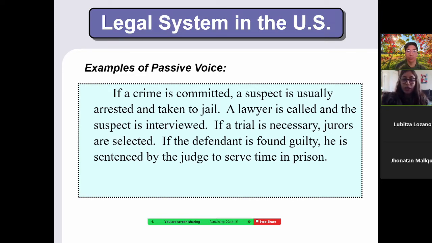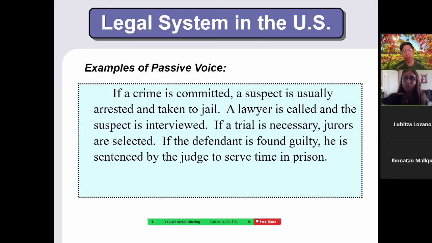If a trial is necessary, jurors are selected. If the defendant is found guilty, he is sentenced by the judge to serve time in prison.